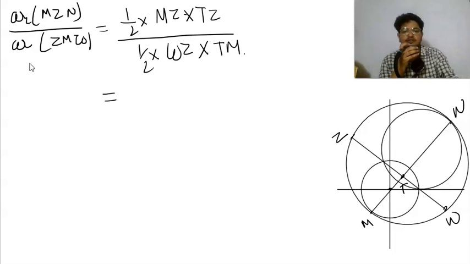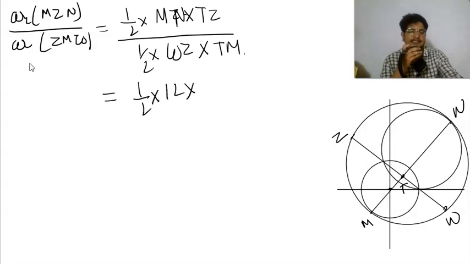Now we will go with mzn. This distance is mn, so half into mn, and mn is 12, and tz is the perpendicular distance.